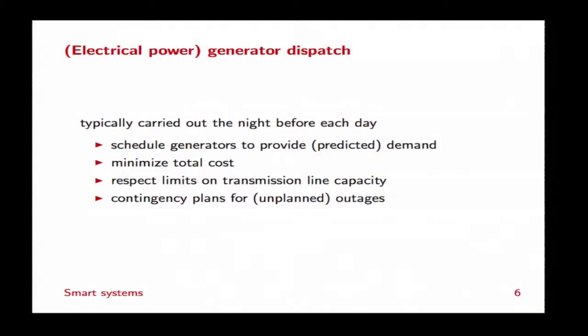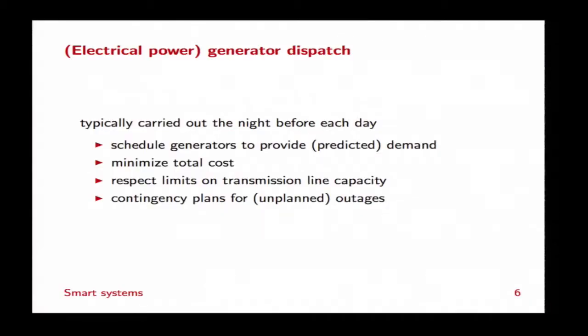Now let's look at some examples. A quick, obvious example is power generator dispatch. You have generators generating electrical power, and I know exactly how it happens in California; I imagine it happens in a similar way here.